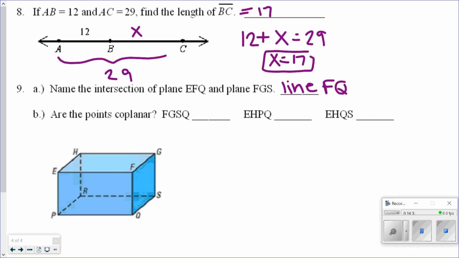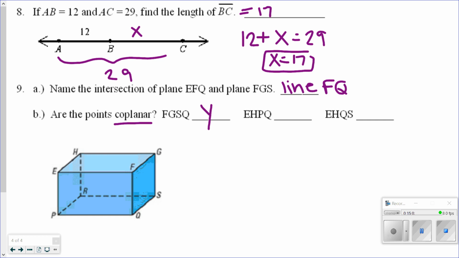Are the points coplanar? Well, first, what does coplanar mean? Coplanar means points on the same plane. So I'm going to start with F, and I'll highlight it. G, S, and Q. Are those on the same plane? The answer is yes. How about E, H, P, Q?